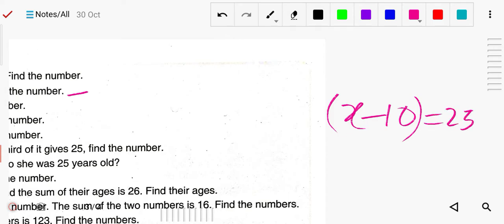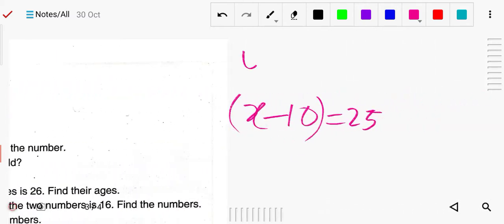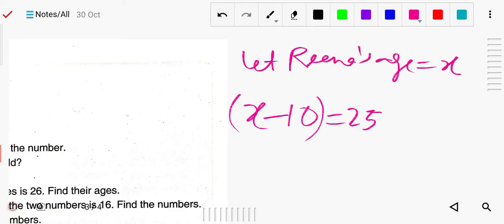Simply we have to do it like this: let Rina's age equal x.